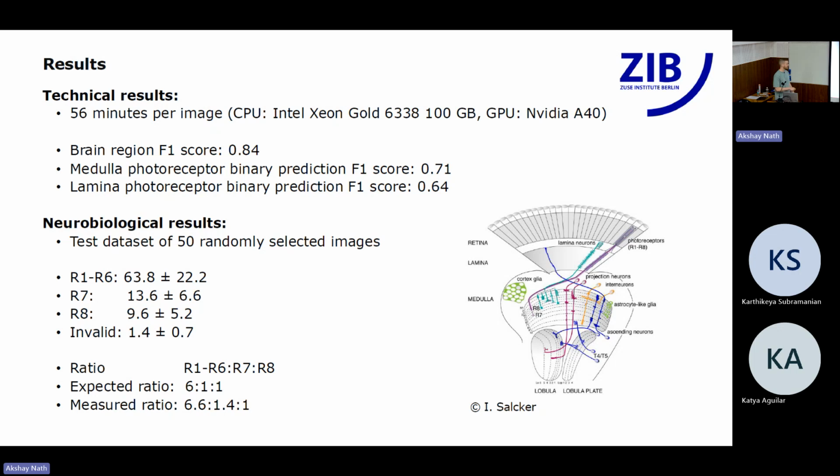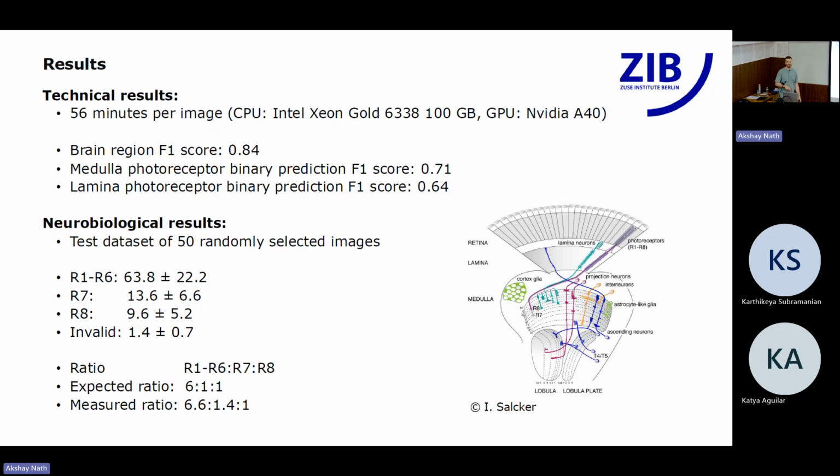These are the counts of photoreceptors per image. The average count per image: R1 to R6, 64; R7, 13.6; R8, almost 10. And there's also invalid annotation.